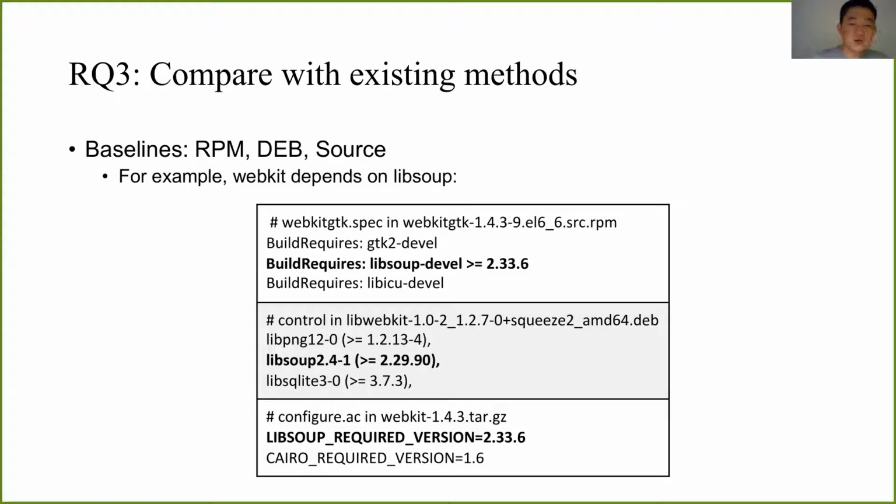We compare DepOwl with 3 baselines: the version range used in RPM packages, deb packages, and source code. For example, the application WebKit depends on the library libsoup. This figure shows the RPM packages, deb packages, and source code of WebKit, which specify the required version of libsoup.